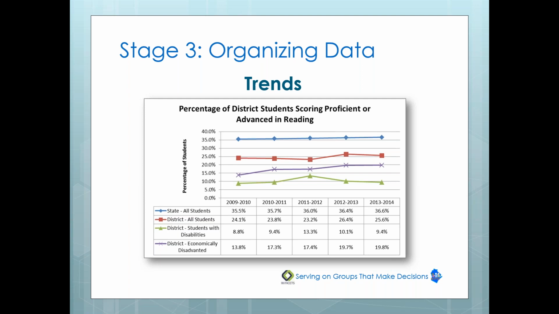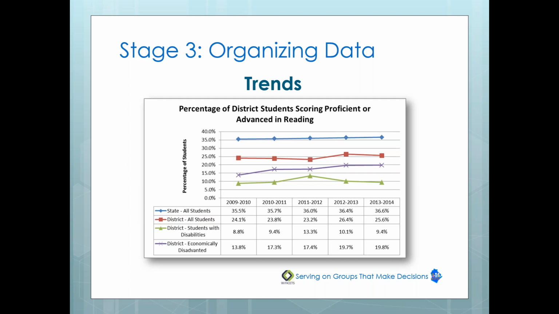When data from multiple periods of time, like weeks, months, years, is displayed, then you can start to see trends form. The graph at the top of your screen is called a line graph, and just underneath is a spreadsheet of the data. These both show the trends in the Wisconsin Student Assessment System results for the 2009-2010 school year to the 2013-14 school year.